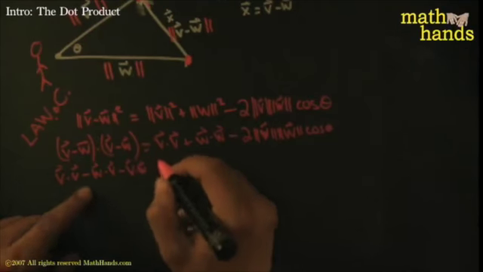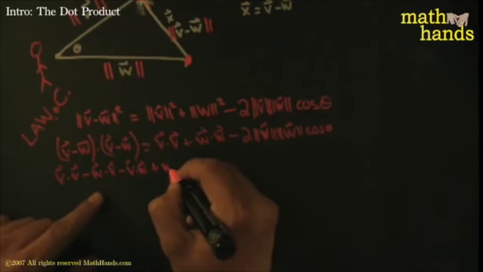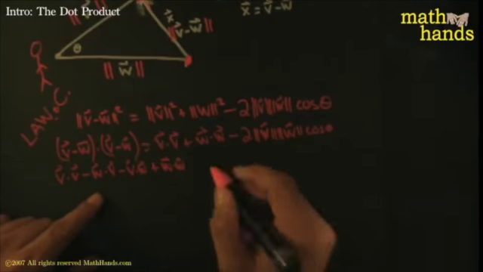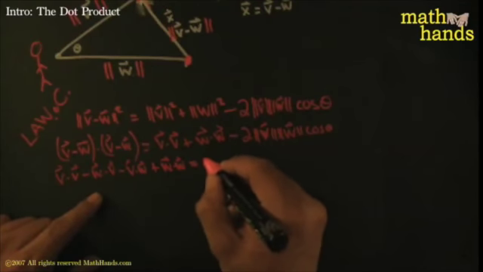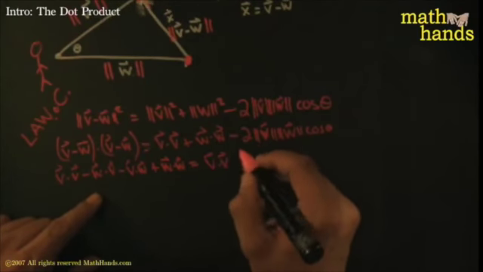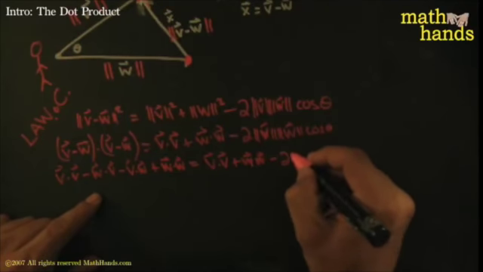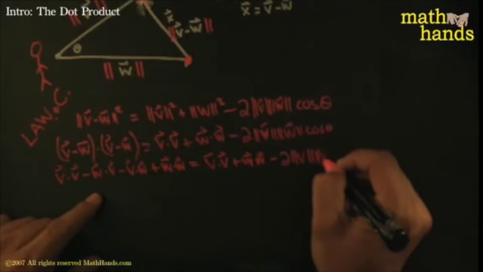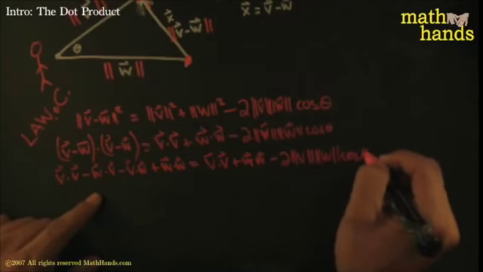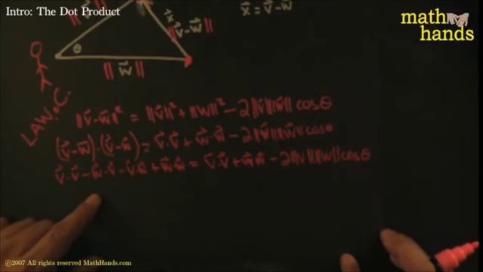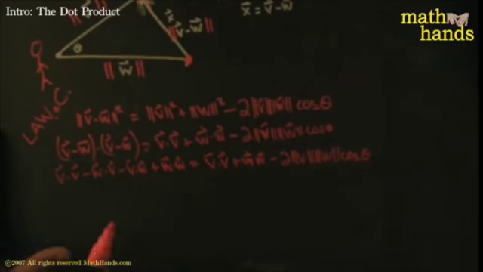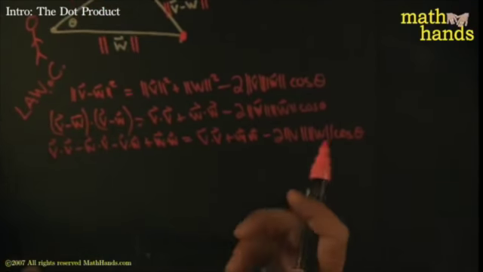The law of cosines is more general. It considers the case when that angle was not 90 degrees. So you have to subtract this stuff over here: 2 times the norm of v times the norm of w times cosine of theta. Right? This is the famous law of cosines.